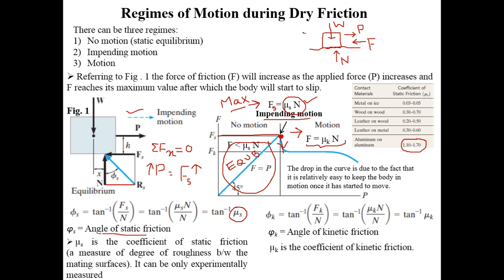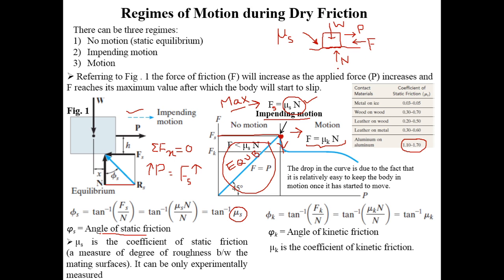Of course, the roughness at the interface is characterized by the coefficient of static friction. So a higher value means higher roughness and a higher value of force. So the force must be directly proportional to the coefficient of static friction mu s.